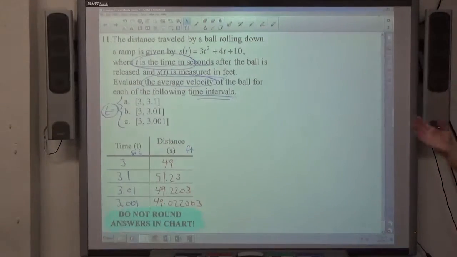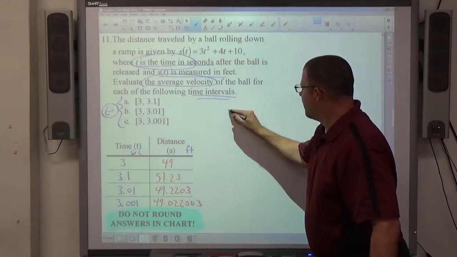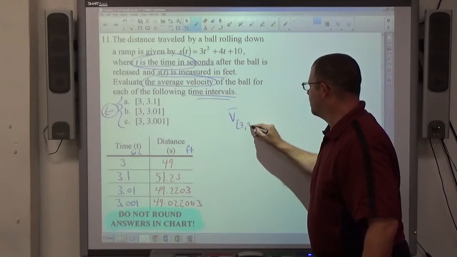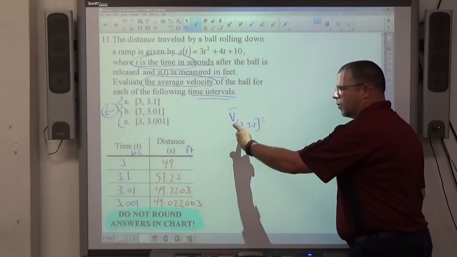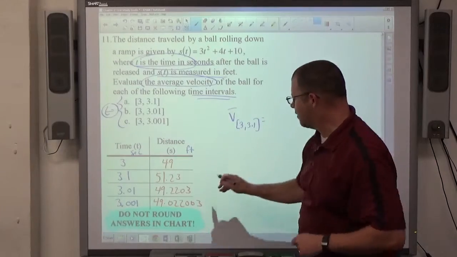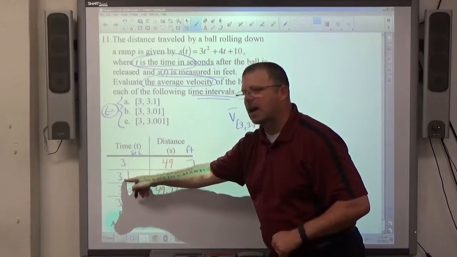So to get the average velocities, what they're asking for in this problem, V bar from 3 to 3.1, it's asking what's the average velocity from time equals 3 to time equals 3.1. What they're asking me to find is the slope between these 2 points where time is 3 and time is 3.1.